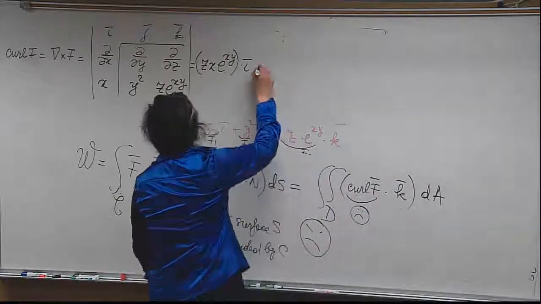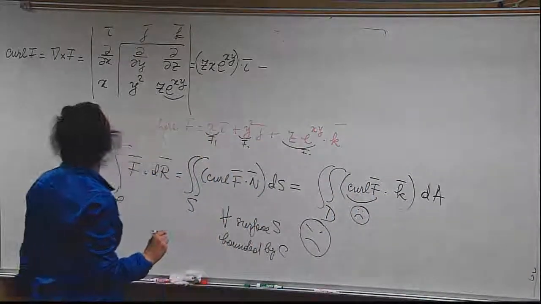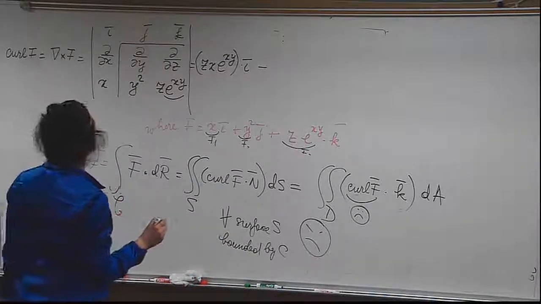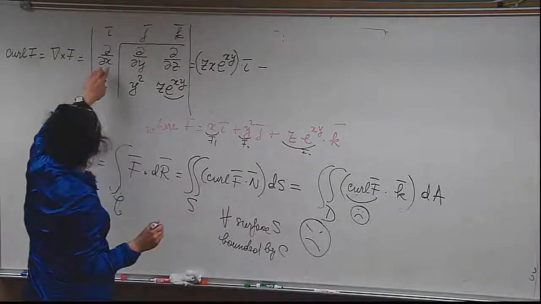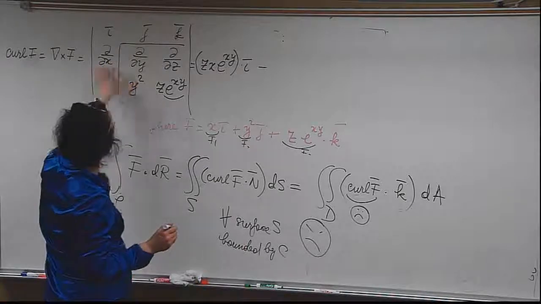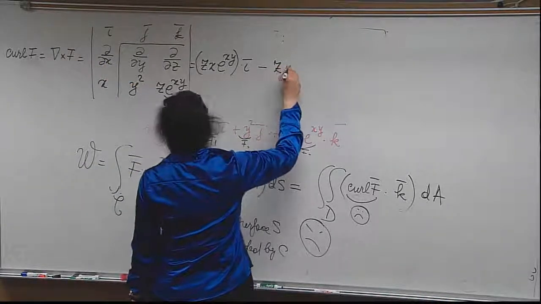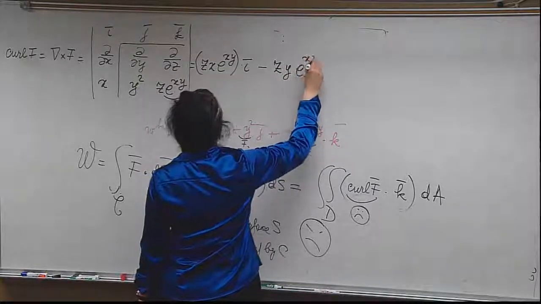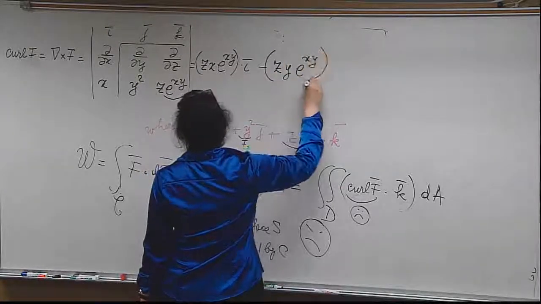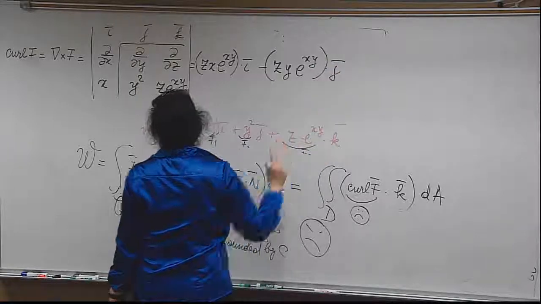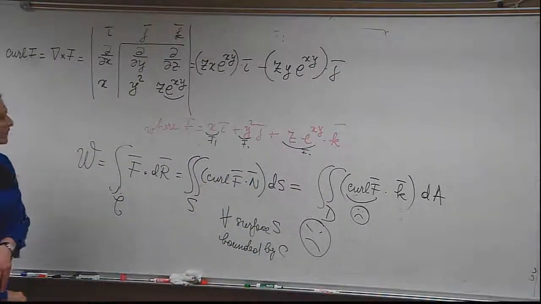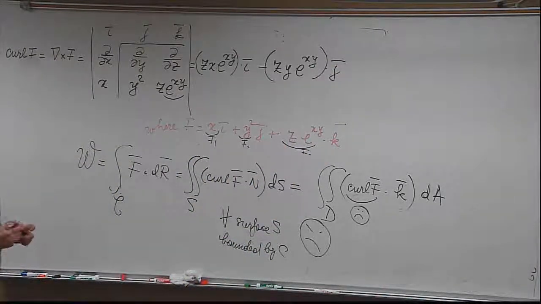Next guy, minus. And then we'll make an observation. The same thing here, I differentiate with respect to z. So I have zy e to the xy. Are you guys with me or am I talking nonsense? What am I saying?